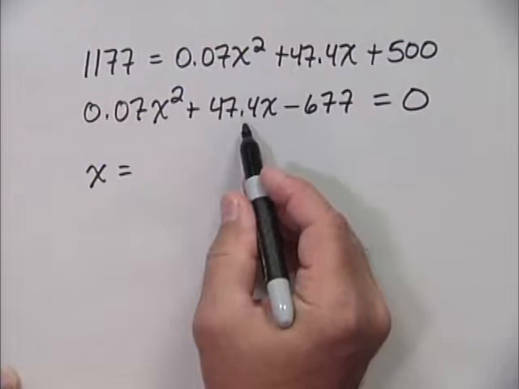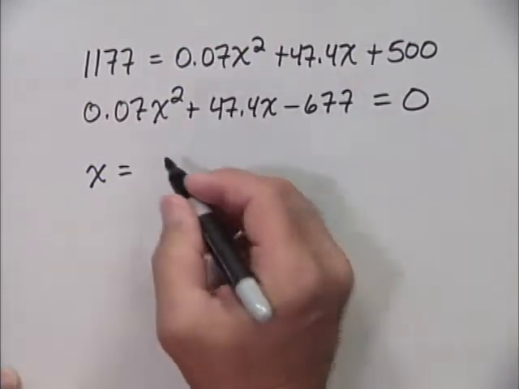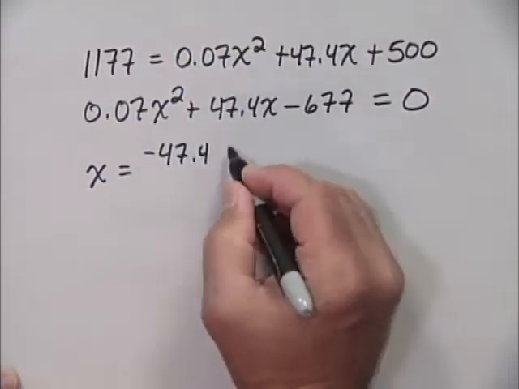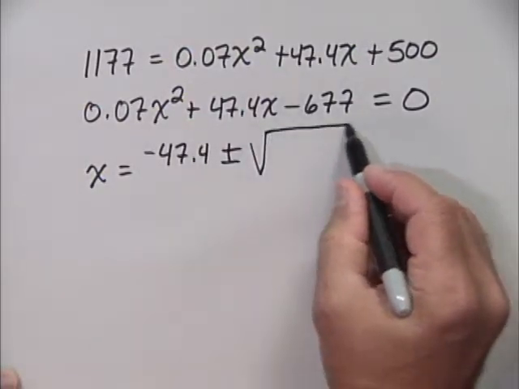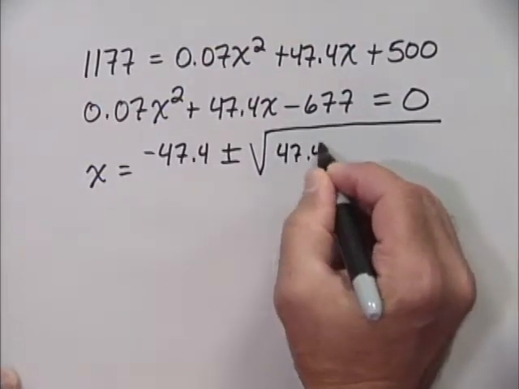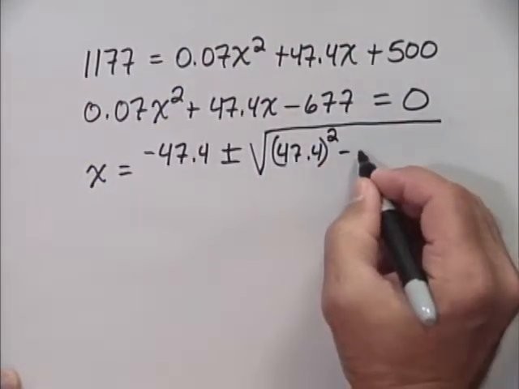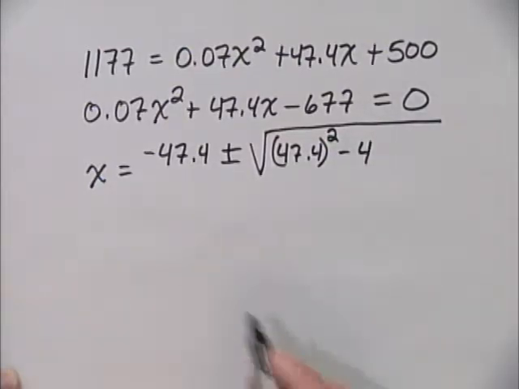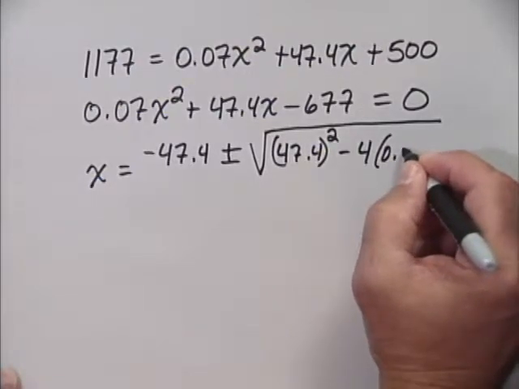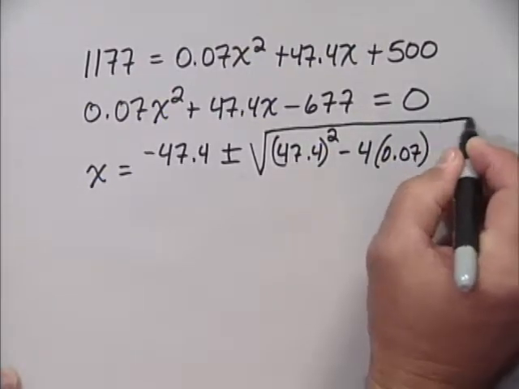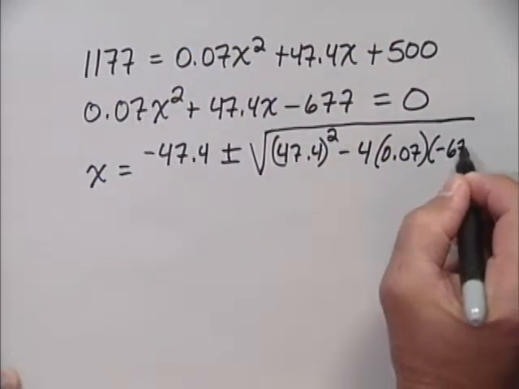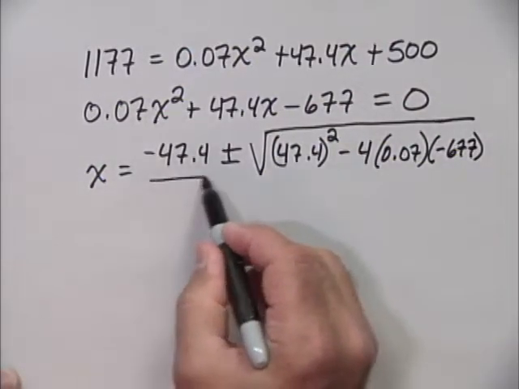x is equal to negative b, which is the coefficient of the linear term, so negative 47.4, plus or minus the square root of b squared, so 47.4 squared, minus 4 times a, which is the coefficient of the squared term, 0.07, times c, which is the constant term, negative 677.